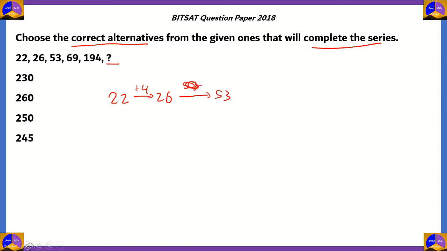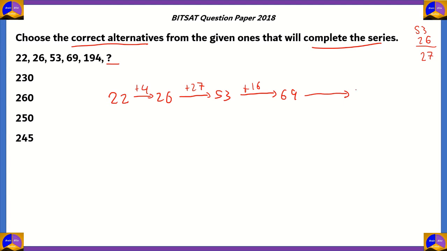We need to subtract 26 from 53. 13 minus 6 gives you 7. 4 minus 2 gives you 2. So we have a difference of 27. Now from 53 to 69, 9 minus 3 is 6. 6 minus 5 is 1. So we have a difference of 16.